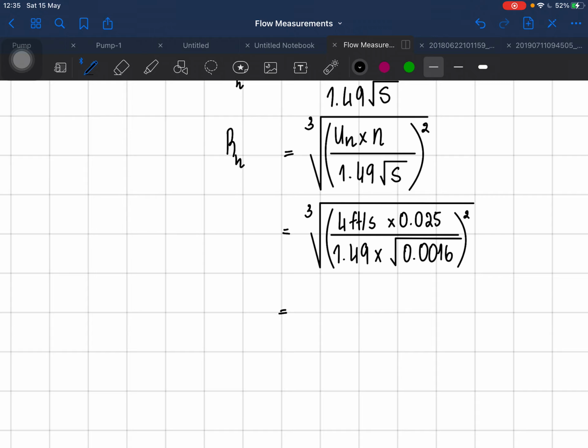wait, let me check the answer. 4 times 0.025 over 1.49 times the square root of 0.0016, and power of, no, it's no, 2.17.